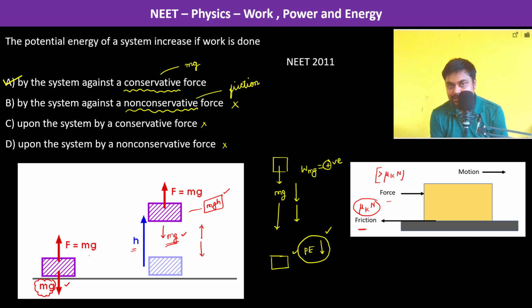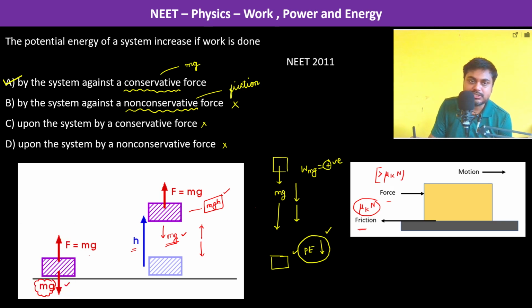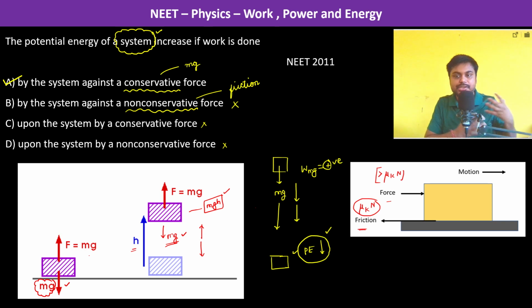One more way by which we can see this: we are talking about a system, right? And the system has some energy. Now if the system does work, and a conservative force is what? The forces which are there within the system only.